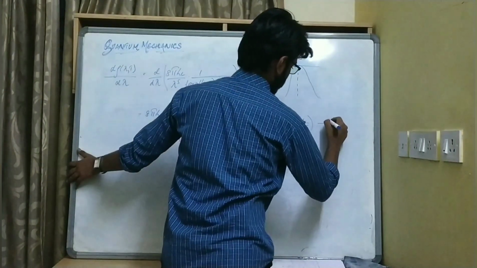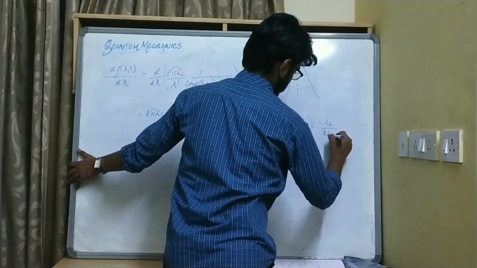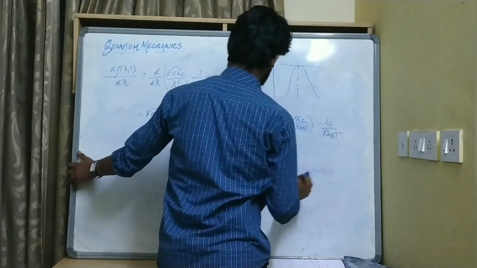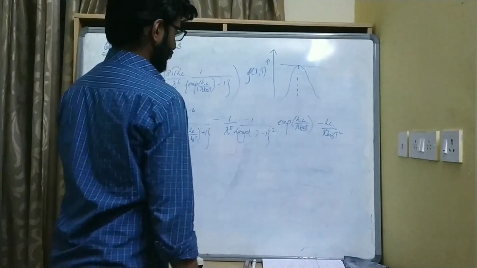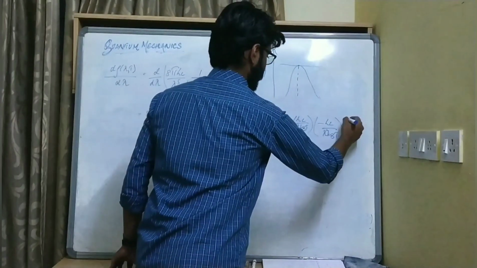So this is minus hc by lambda square kB T, and the bracket is closed.